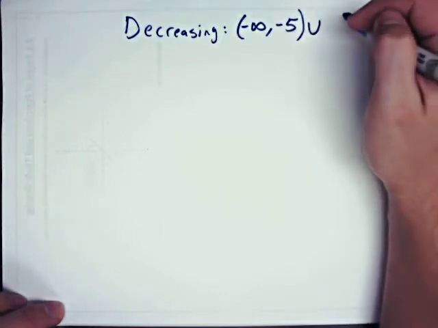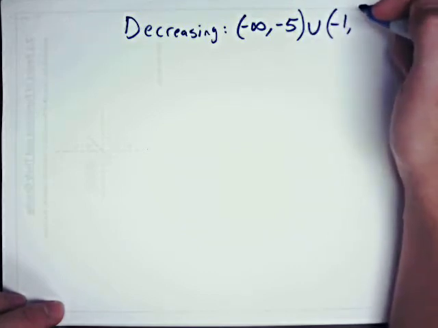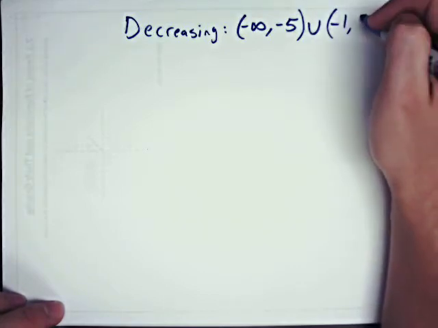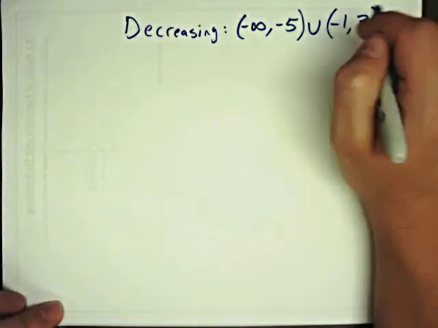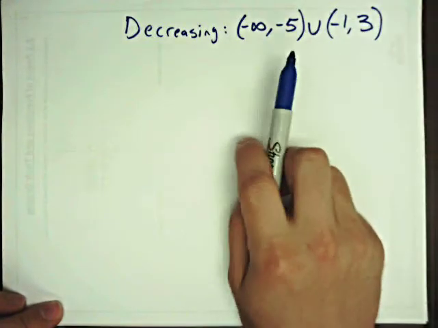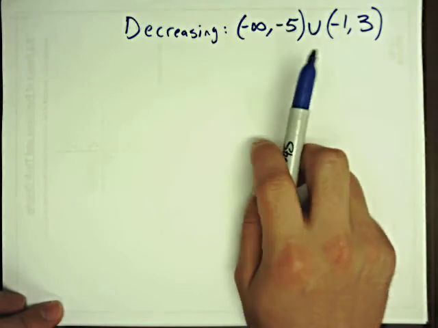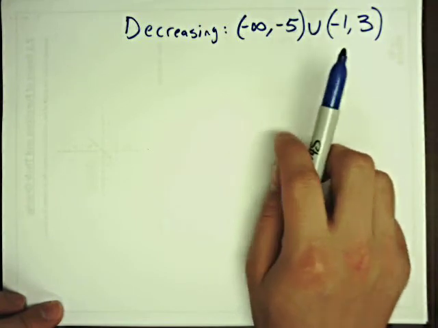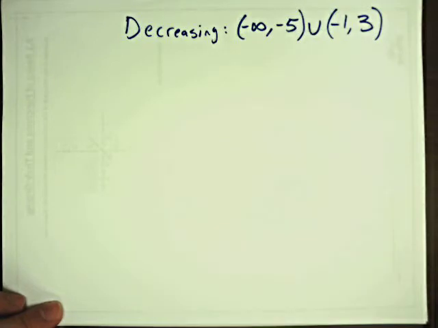And then also, again, starting at x equals negative 1 and ending when x equals 3. So there's our intervals for decreasing. Again, notice we don't do anything with the y value. These are all x values. And also, we always use parentheses when we describe increasing, decreasing, and constant, not brackets.